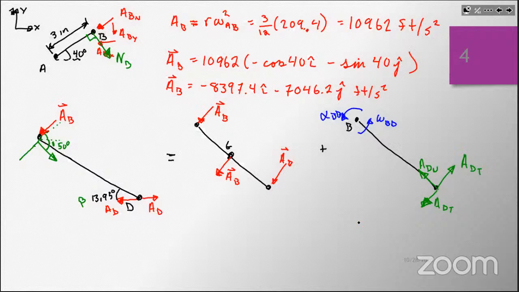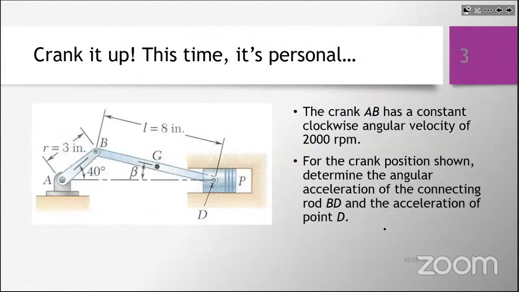Okay, I explained that horribly. Let's try it one more time. This is my complete system. Why don't I just go back to the actual picture? This is my triangle right here. I want to know this angle.